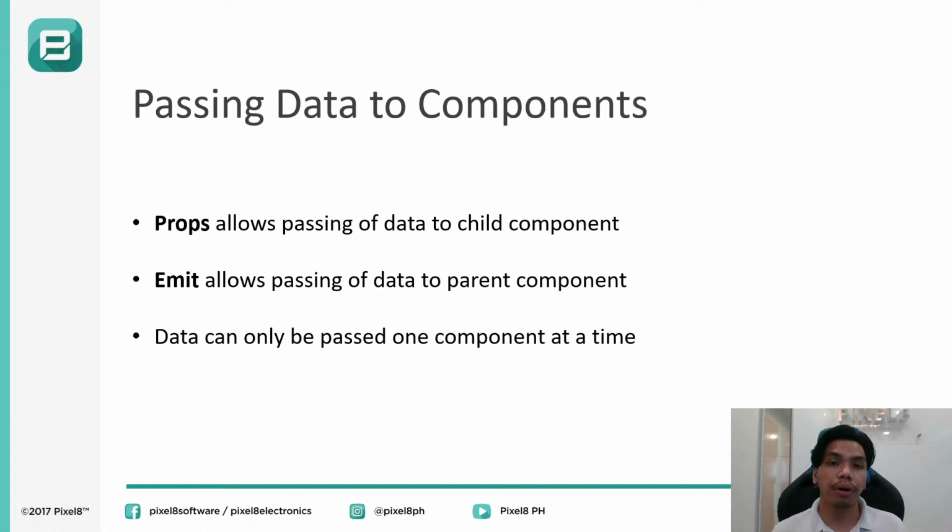Props allows the passing of data to the child component, meaning you're going to pass data from the parent component to the child component in the form of props. Whereas emit allows the passing of data to the parent component, meaning you have a child component somewhere around here, and then that child component passes the data back to the parent component itself.